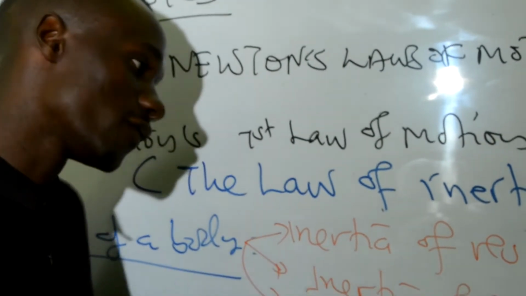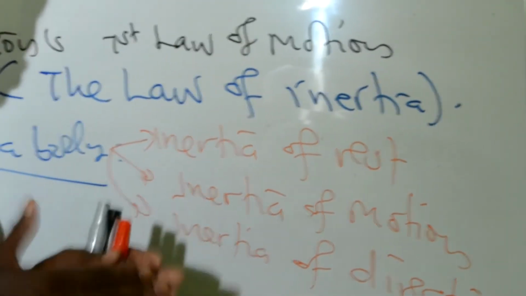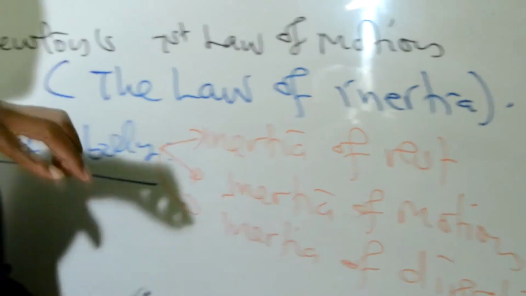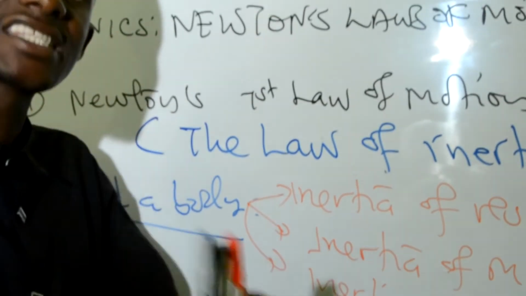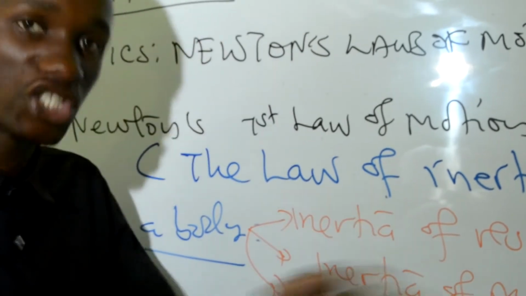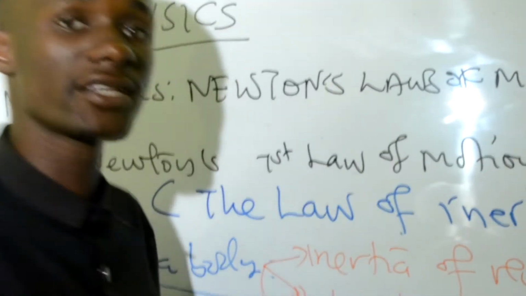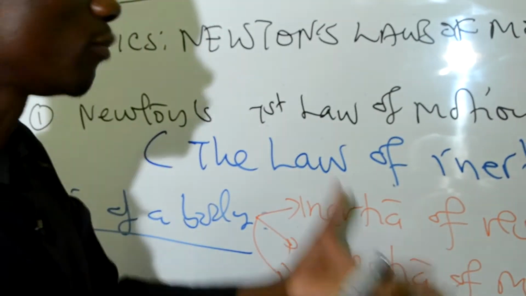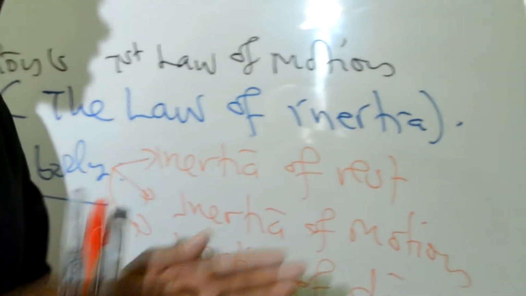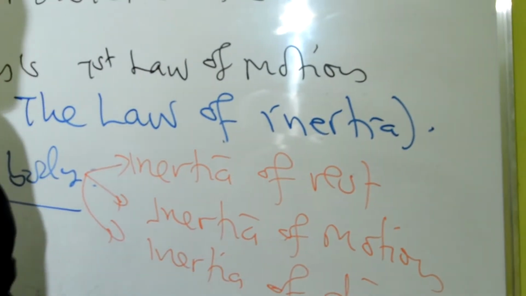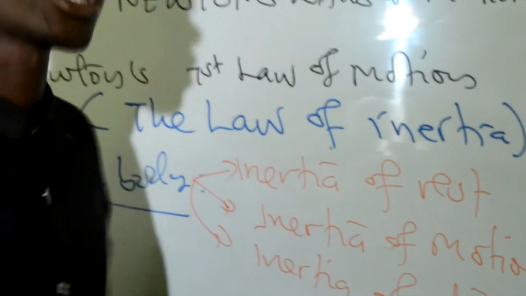Inertia of motion is the ability of the body to continue moving in a straight line with constant velocity unless it is compelled by an external force to change the motion.